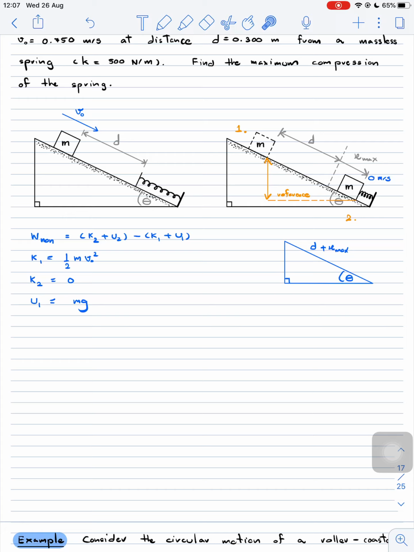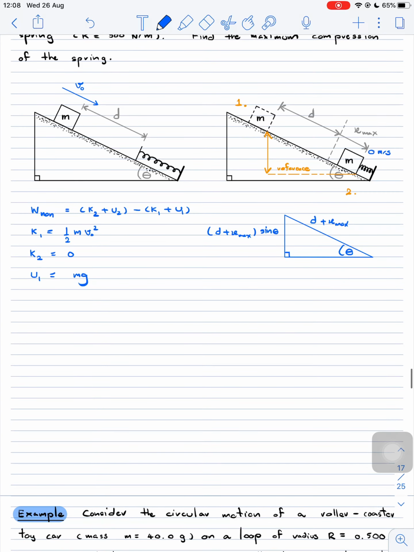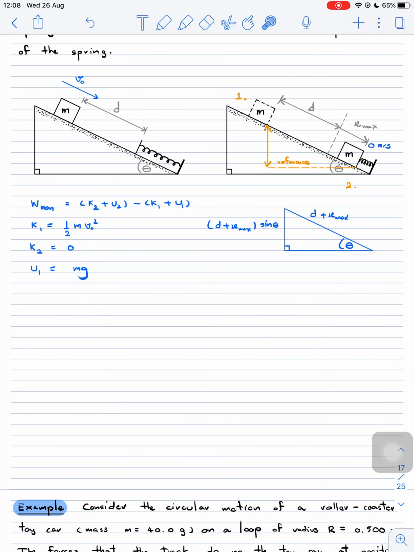But we just want to find this opposite side. So you can guess that it's going to be equal to D plus X max, times sine theta. And that's it. So here we have U1 equal to mg times y1, where y1 equals D plus X max, the maximum compression, times sine theta.